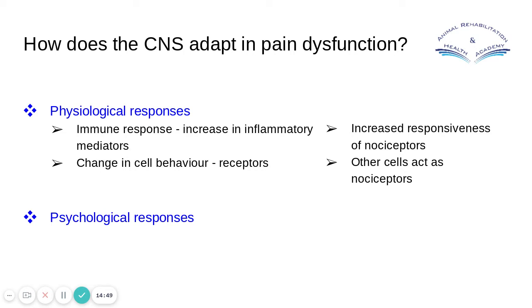So nociceptors can become much more active and much more sensitive. And then also other cells can act as nociceptors. Glial cells can take on that role. So we have this overreaction, and we have more of them, if you like. So you can get this really amplified pain response.